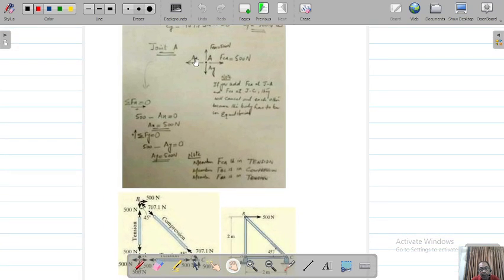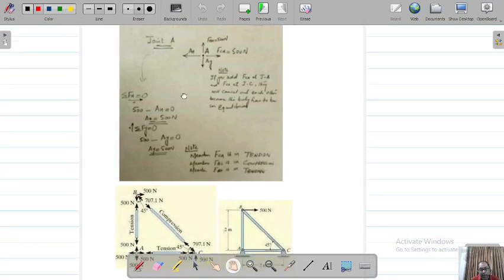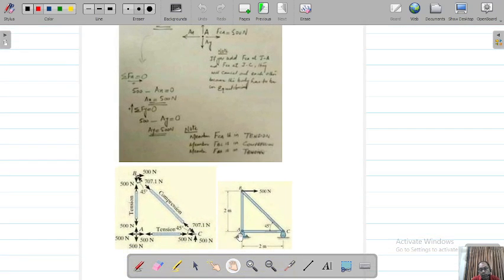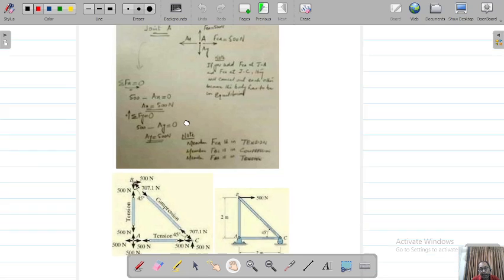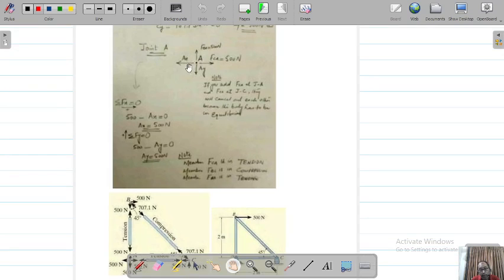Then these two components AX and AY have come here because the pin will have two reactions, AX and AY, and the directions we have assumed are in this direction. We have assumed this is the direction of AX and this is the direction of AY. You can assume AX in the negative x direction, or AX towards the positive x and AY towards the positive y.